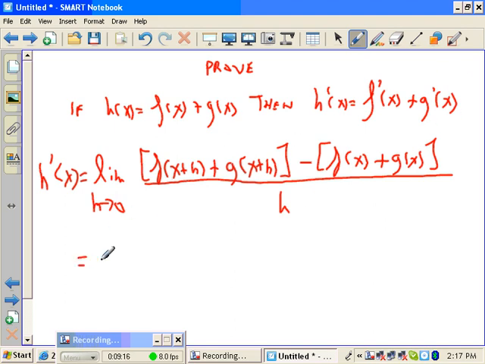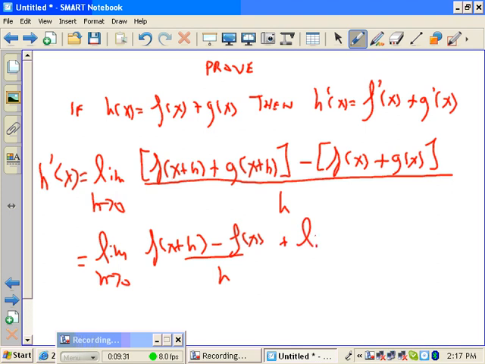So I'll just make that obvious. Just rearrange it a little bit. The limit, as h goes to 0, of f of x plus h minus f of x over h, I'm just taking this piece minus this piece over h, plus the limit, as h approaches 0, of this piece minus this piece, g of x plus h minus g of x all over h.